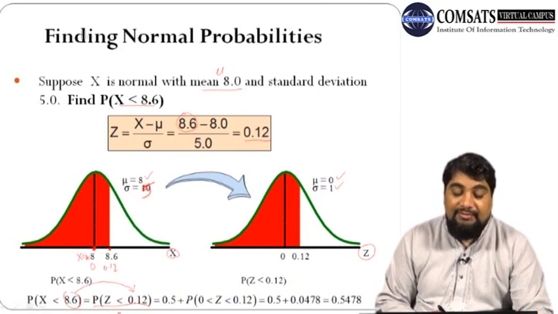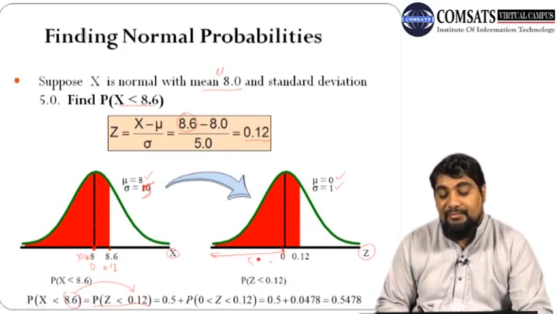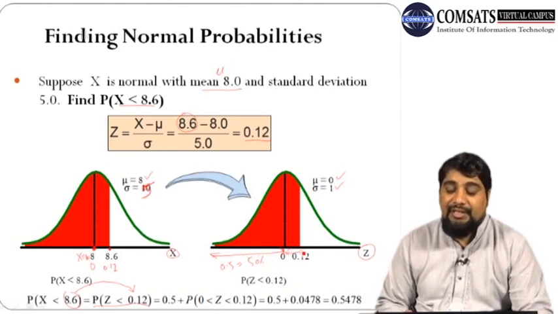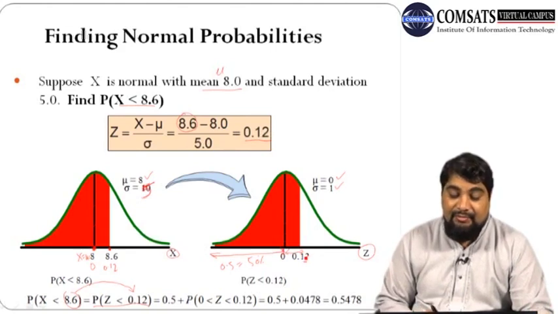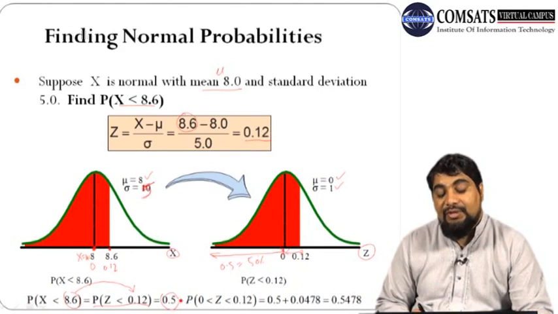In order to find this area, we know the area to the left of 0, or left of the mean, is 50% or 0.5. Then we can calculate the area between 0 and 0.12 using the normal distribution table. So it is 0.5 plus the probability 0 less than z less than 0.12.